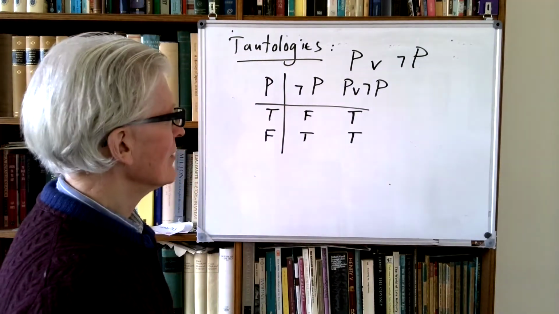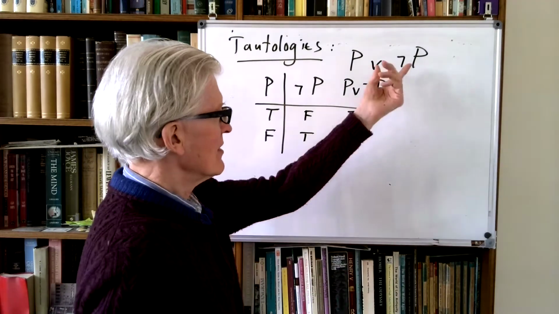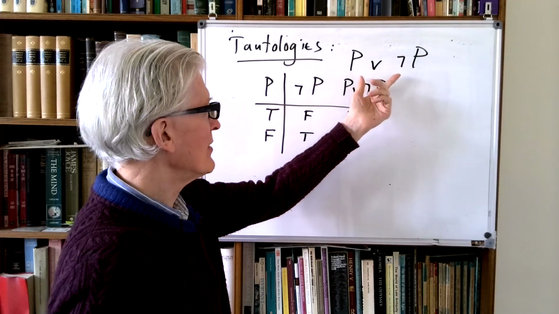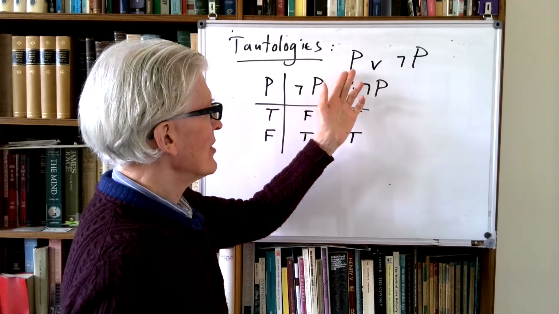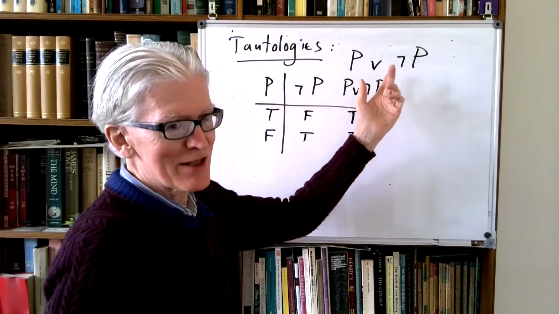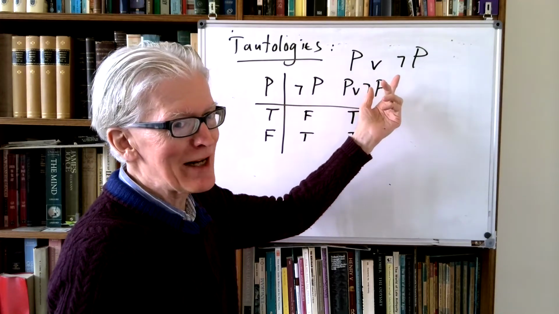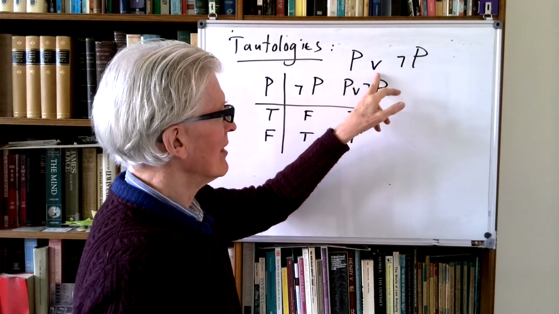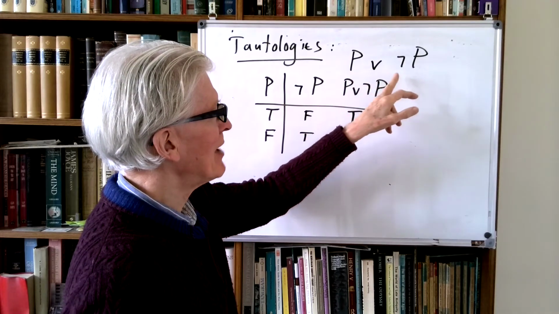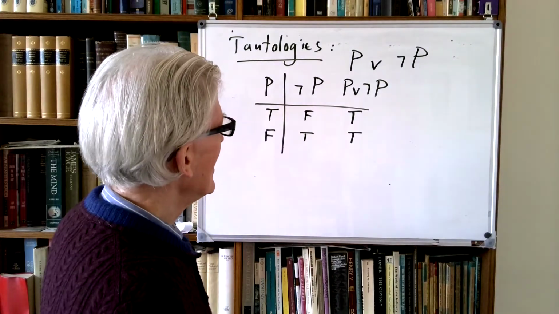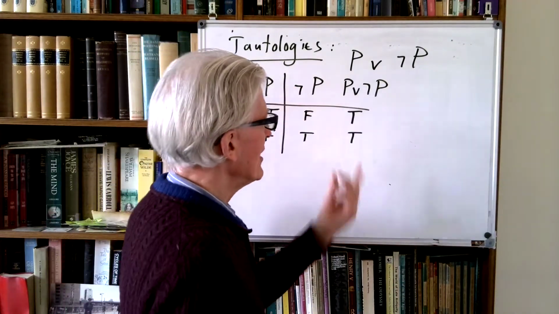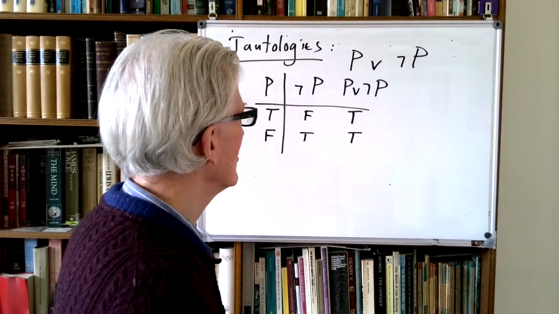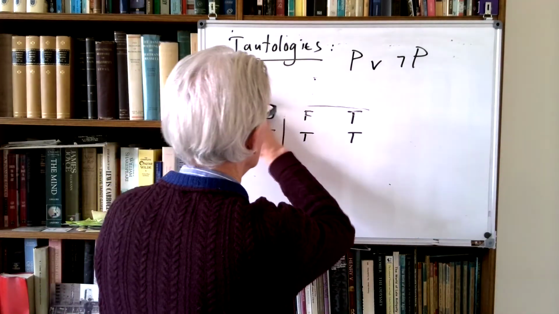So a tautology is, generally speaking, something like this. It's something where I can think of propositional letters, fancily called propositional atoms, and I string them along using our auxiliary vocabulary here. And if I look at a truth table for it, it comes out true.